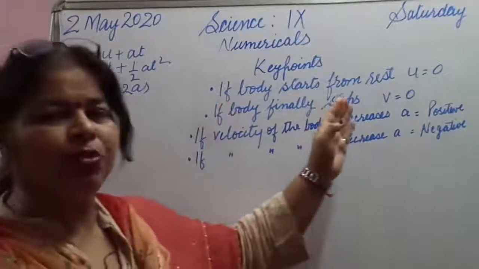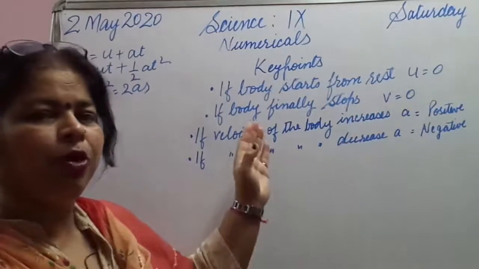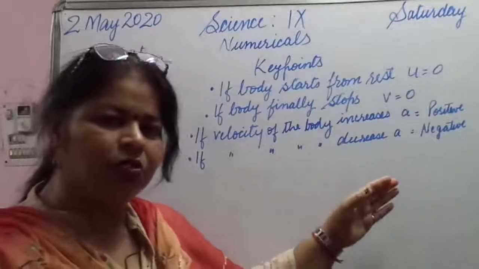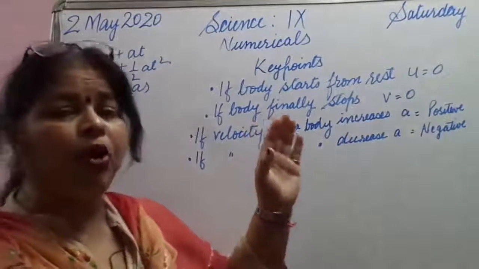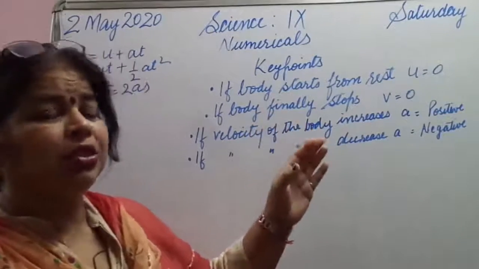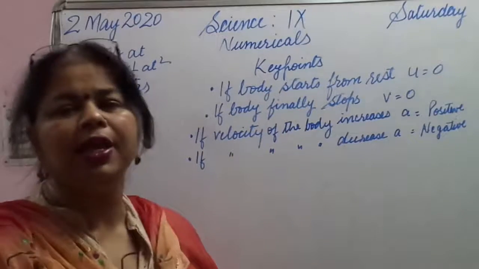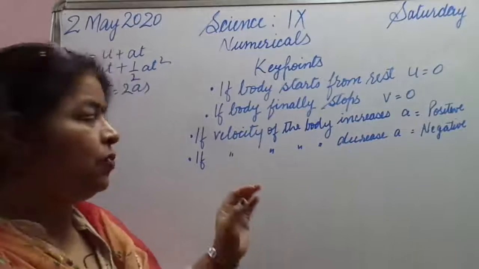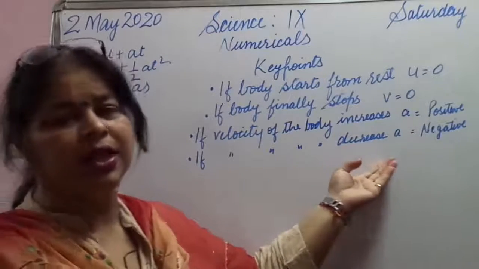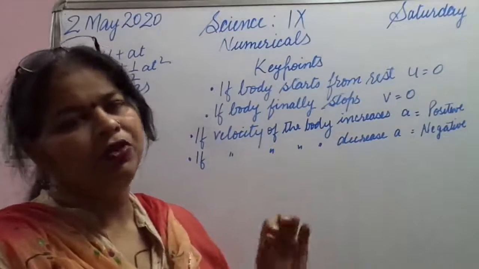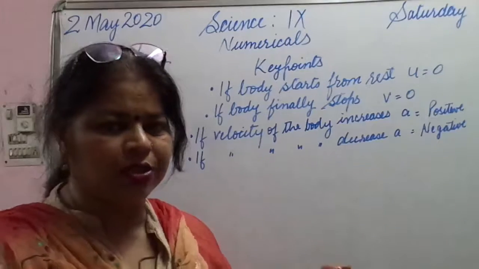If a body starts from rest, U is equal to 0. If a body comes to rest, then V is equal to 0. If velocity of the body increases, then A is positive. If it decreases, then A is negative. So we are going to solve the numericals on these bases.